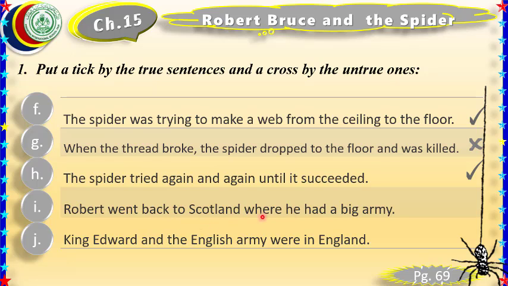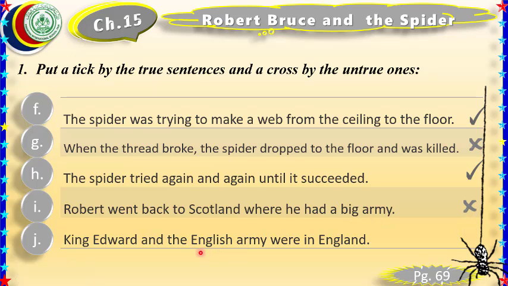If the complete sentence is true, we shall write true. If one part is true and one part is false, we shall write false. We shall write true only if the whole sentence is true. Here we can see he had a big army in Scotland. Is it true? No. That is why we shall write a cross.